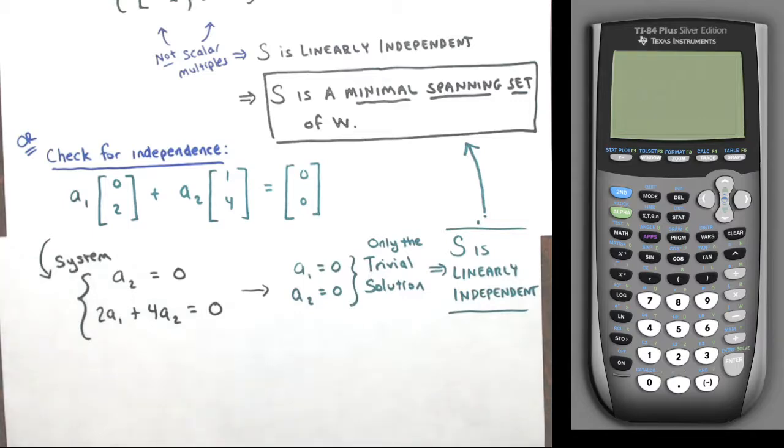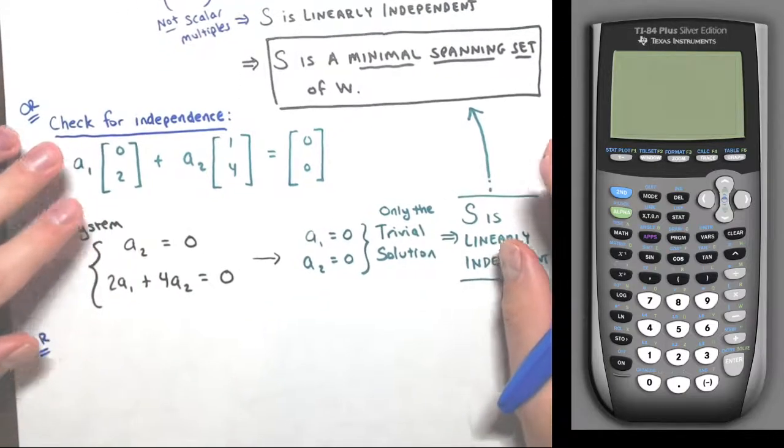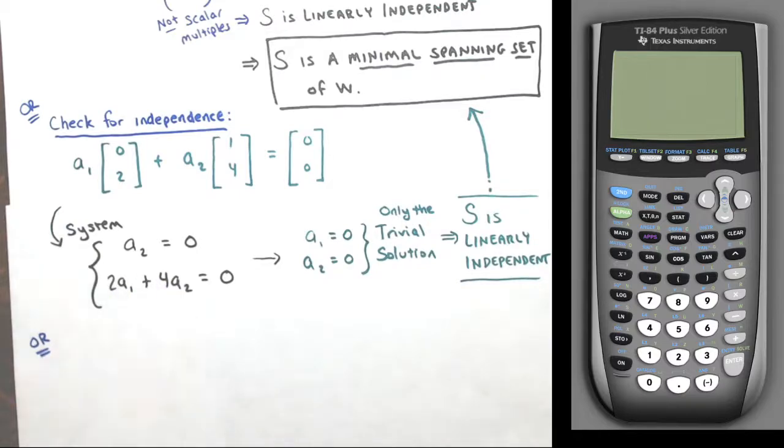Okay, another thing. I could also do this, and we'll eventually get down to a very quick way, but I'm going to do this for the first couple of examples. You could also look at this as a matrix equation, remember?